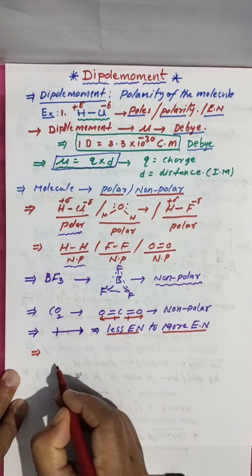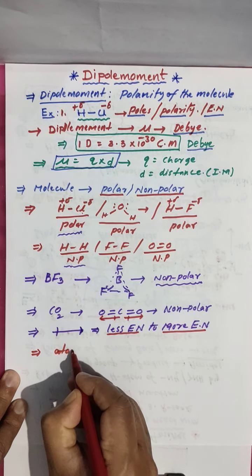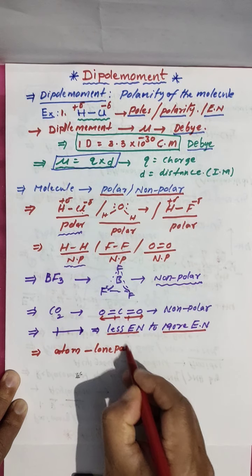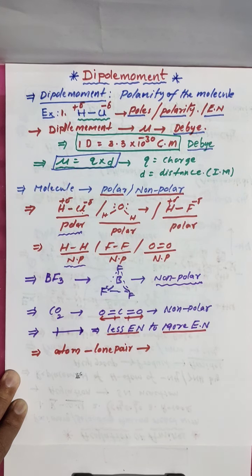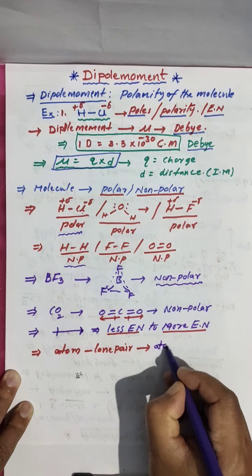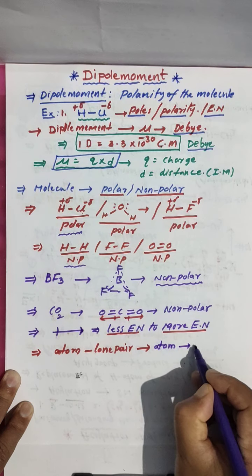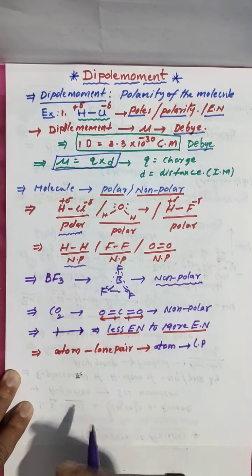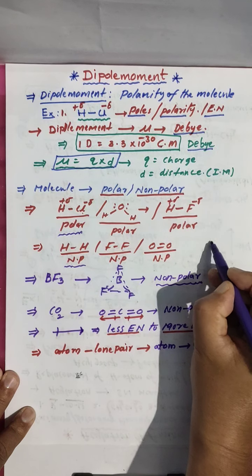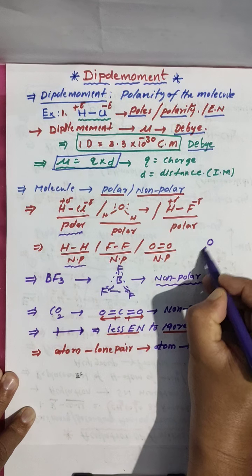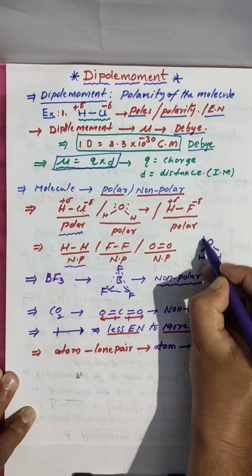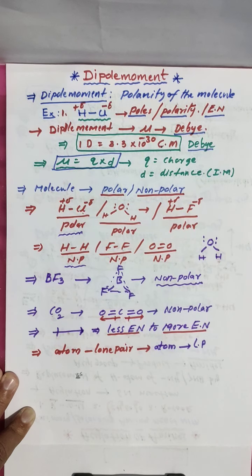If somewhere you see an atom and a lone pair, then you have to show the arrow mark from atom to lone pair. Clear? For example, I am drawing a water molecule, bent shape, and it has two lone pairs on it.